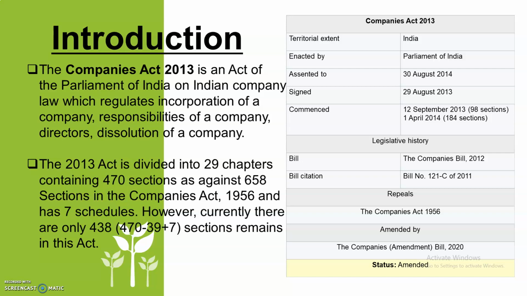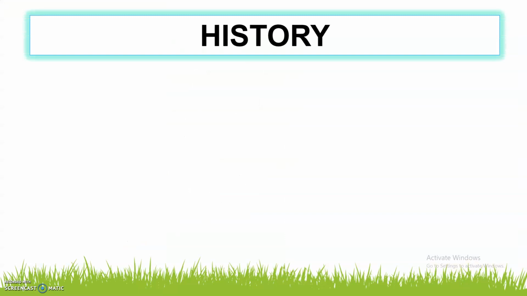Companies Act 2013 repealed the Companies Act 1956, which means the Companies Act 1956 को हटा के Companies Act 2013 लाया गया है. The current and recent amendment is the Companies Amendment Bill 2020. If I talk about the current status of the Companies Act 2013, it is completely amended.